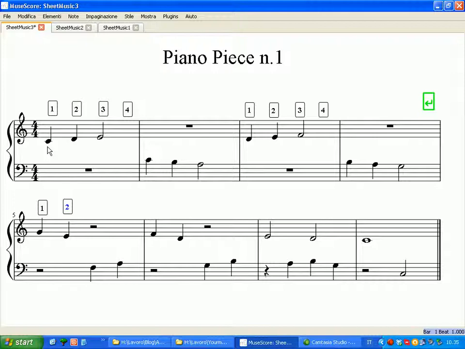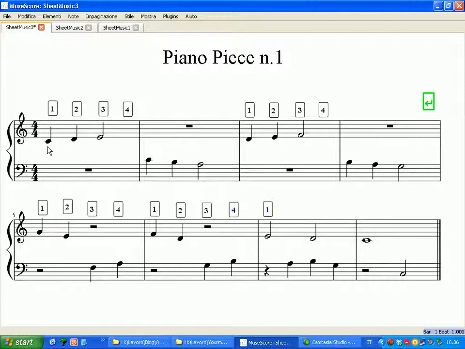So we're going to write the third beat at the start, in correspondence of the beginning of the rest, and of course the fourth will occur halfway through the rest. Then we arrive at the sixth bar, and here the same applies. We have the same situation as the previous bar.